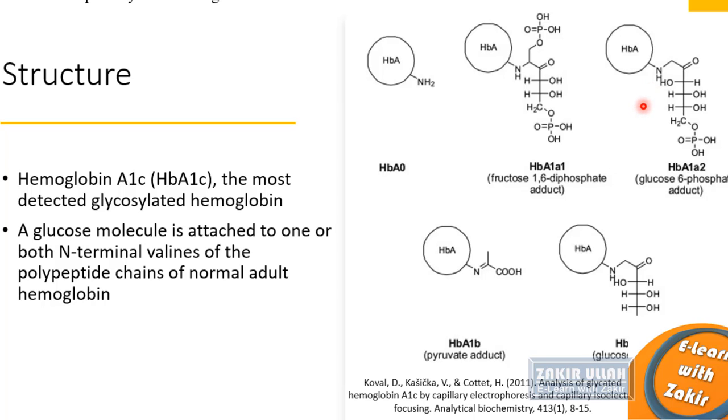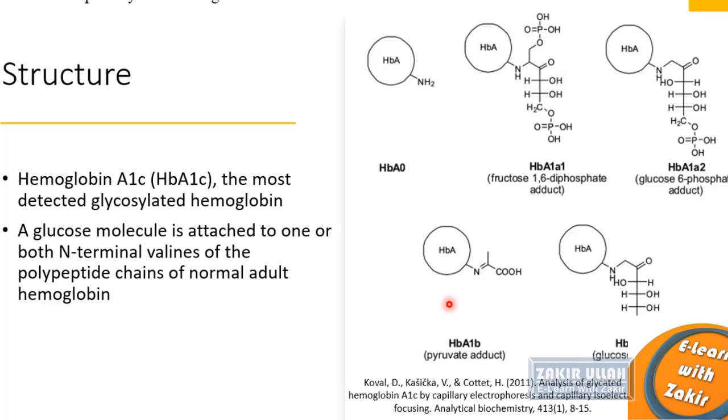In the third picture, glucose 6-phosphate is added to HbA, which is adult hemoglobin, attached to the amino terminal, the N-terminal valine of the polypeptide chain. This is called HbA1a2. And in the fourth one, pyruvic acid is attached to the adult hemoglobin, HbA.